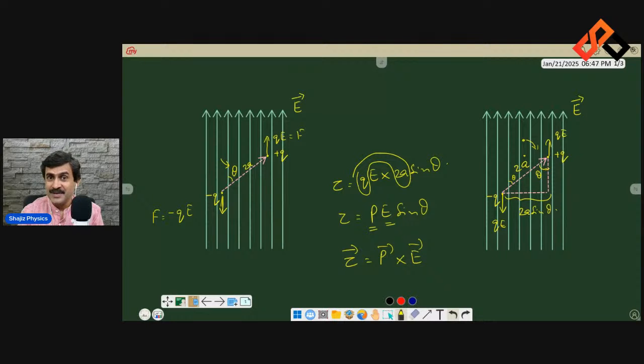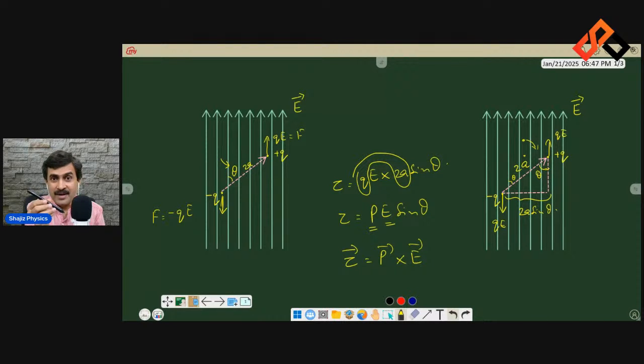Potential energy is the energy possessed by any object by means of its configuration or state of strain or position. So here it is under a state of strain because the natural tendency of the dipole is to stay parallel to the electric field. You are disturbing it.